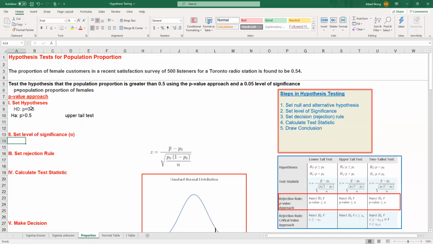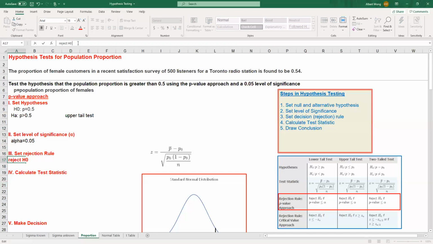The level of significance alpha, of course, is 0.05. And the rejection rule: because we're using the p-value approach, it's always the same. The rejection rule under the p-value approach is always reject H0 if the p-value is less than alpha, and this is true across the board, regardless of what the test is.